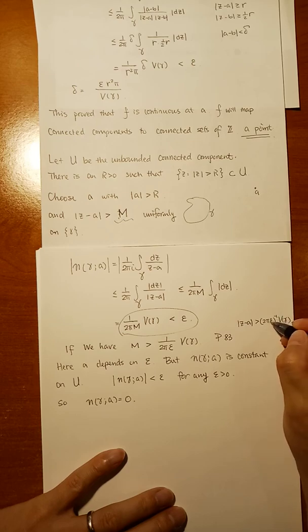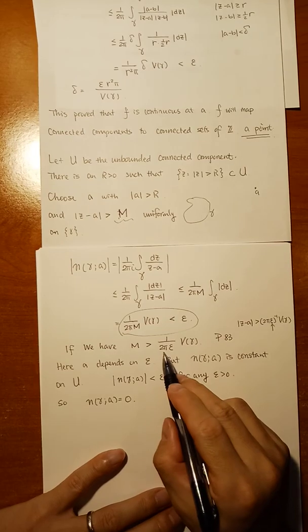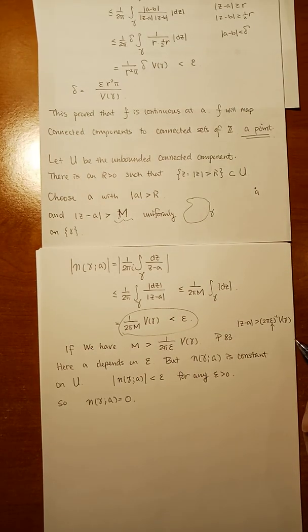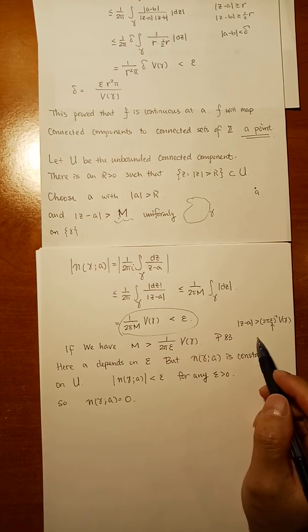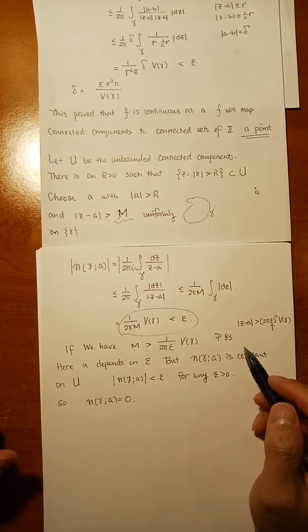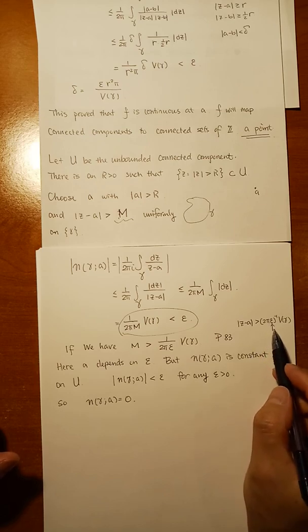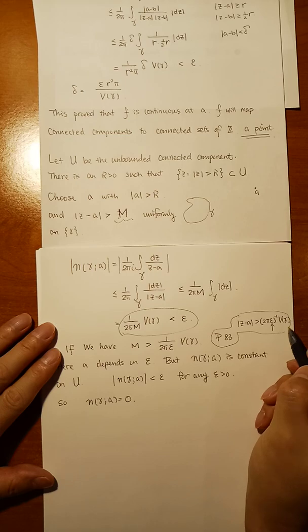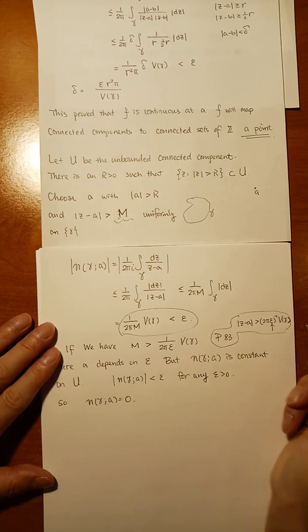Here you should put epsilon: 2 pi epsilon to the power negative 1 times total variation. If you do not put epsilon, then that m does not depend on epsilon, then it's not correct. Okay? Be careful. On page 83, there is a minor error, typo.